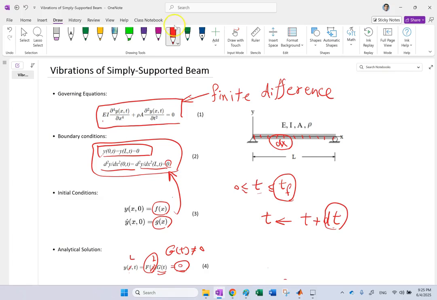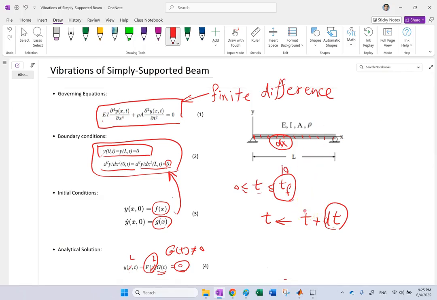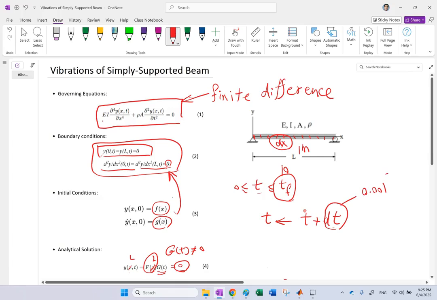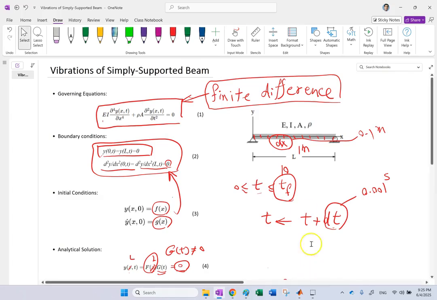The important thing is that dt and dx, you cannot just pick in any random way you want. For instance, if I'm solving for 10 seconds and this beam is 1 meter, can I pick dt to be 0.001 second and dx to be 0.1 meter? Can I do that? Will any combination of dt and dx give me a stable, good solution, because I'm approximating those derivatives in finite difference.